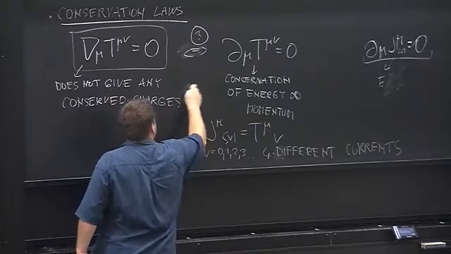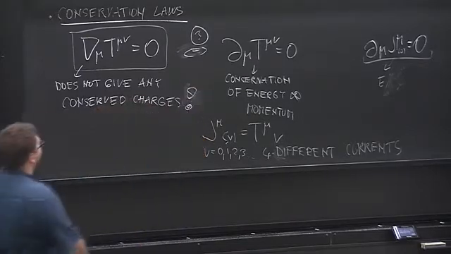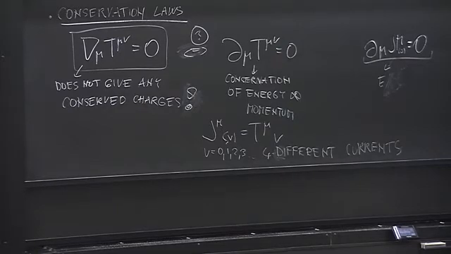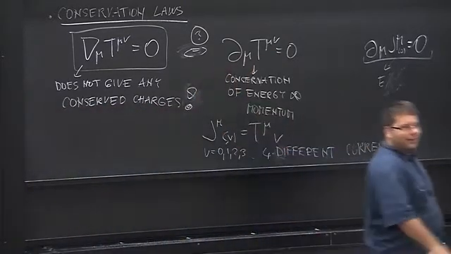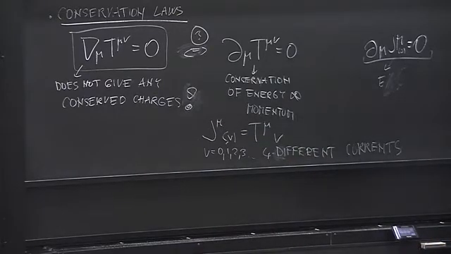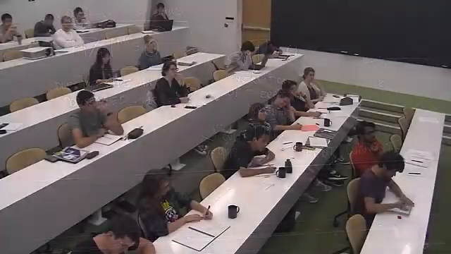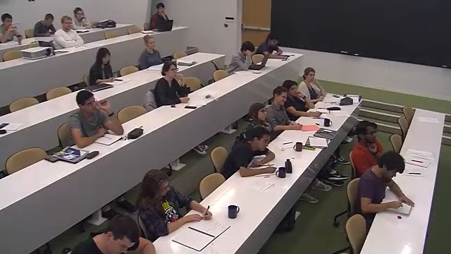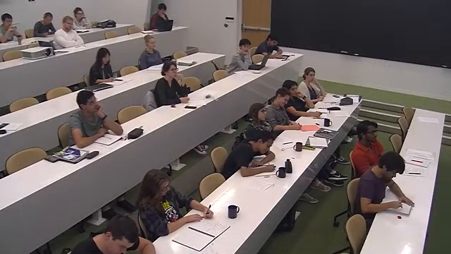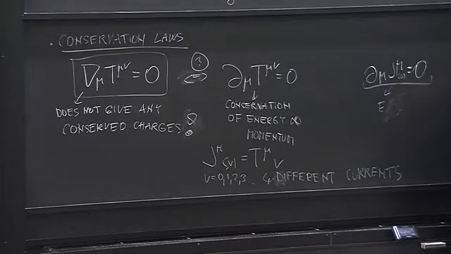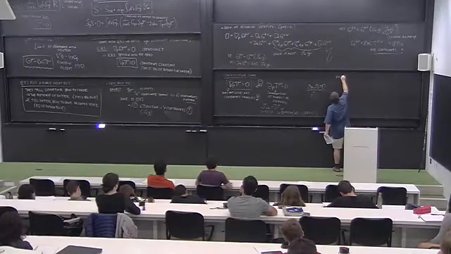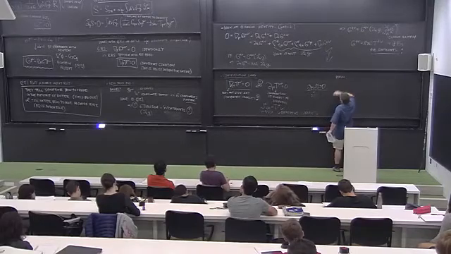Why does this thing not give me any conserved charges, and this one does? Any suggestions? Because you have the Christoffel symbols and you cannot use the Stokes theorem. Exactly. So that's the reason why the general relativistic version doesn't give it.